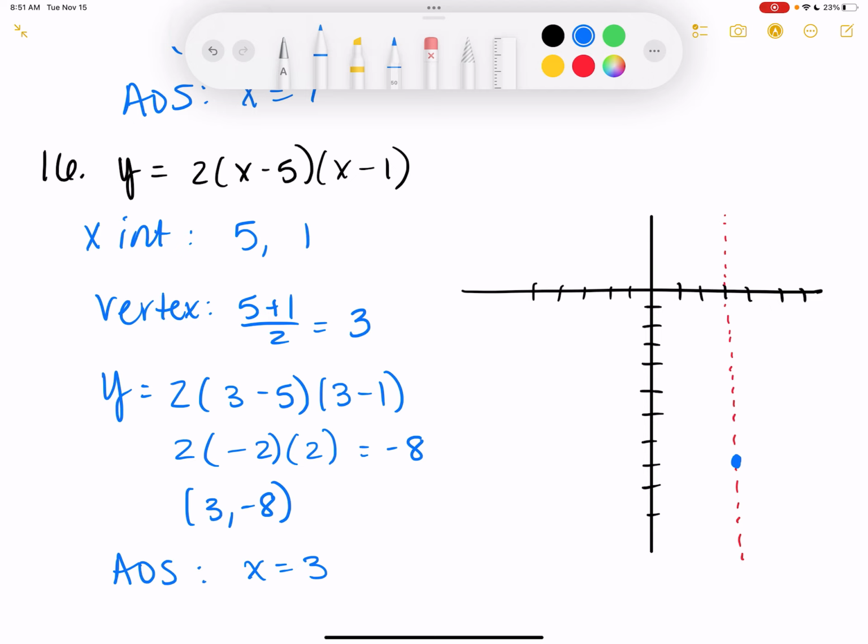My x-intercepts are at 5 and 1. So when y equals 0, I have x equals 1 as a point, and I have x equals 5 as a point. Notice those are both 2 away from my axis of symmetry, so that's good.